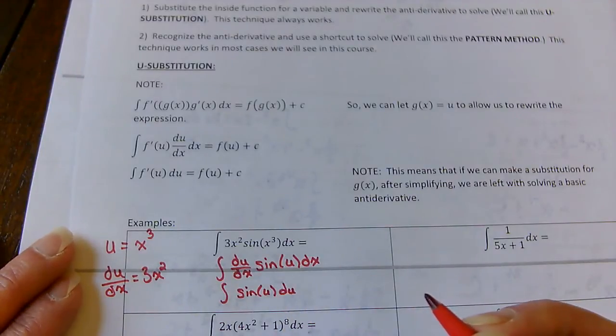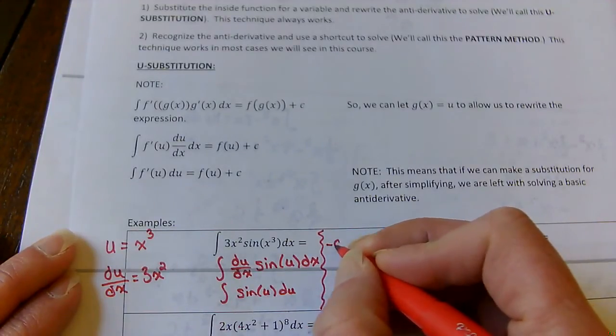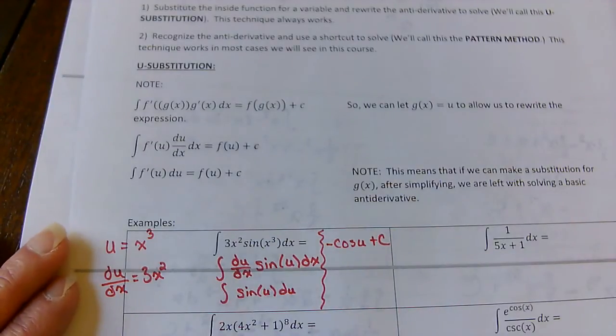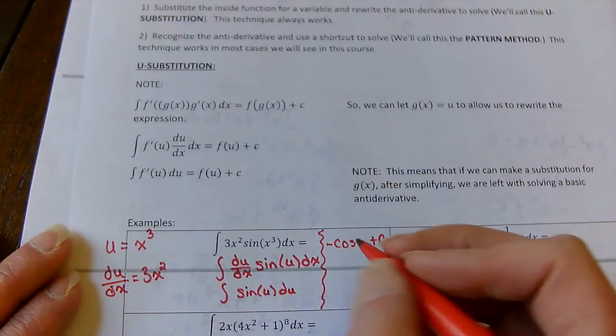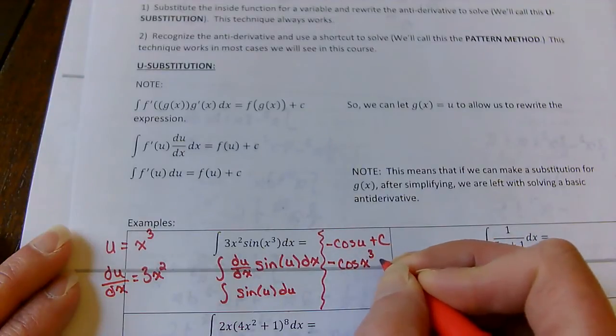What is the antiderivative of sine? Well, the derivative of cosine is negative sine, so the antiderivative of sine would be negative cosine. Now, we didn't start off with u. That was x cubed. So all we have to do is substitute it back in.